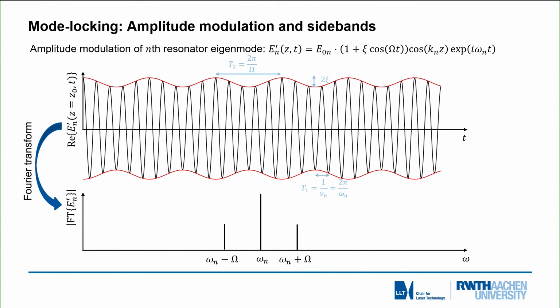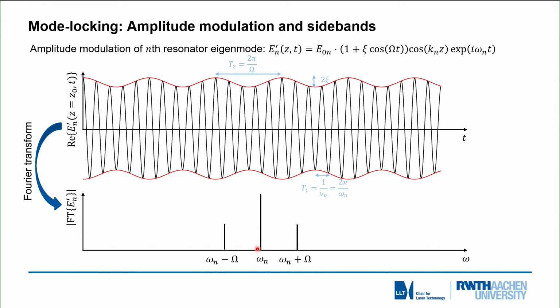And there are two further frequencies in this spectrum, and that is of course related to the modulation frequency, capital omega. And we have two bands because it can be an addition or a subtraction to the main carrier frequency, small omega n.